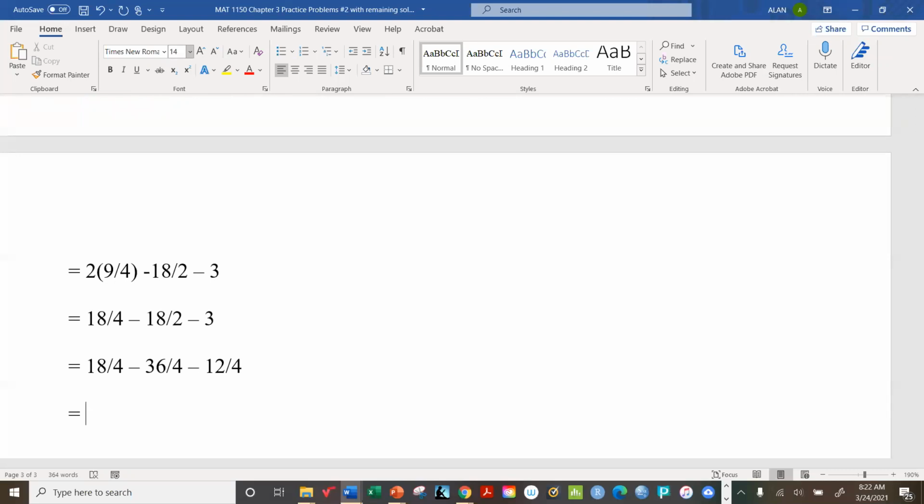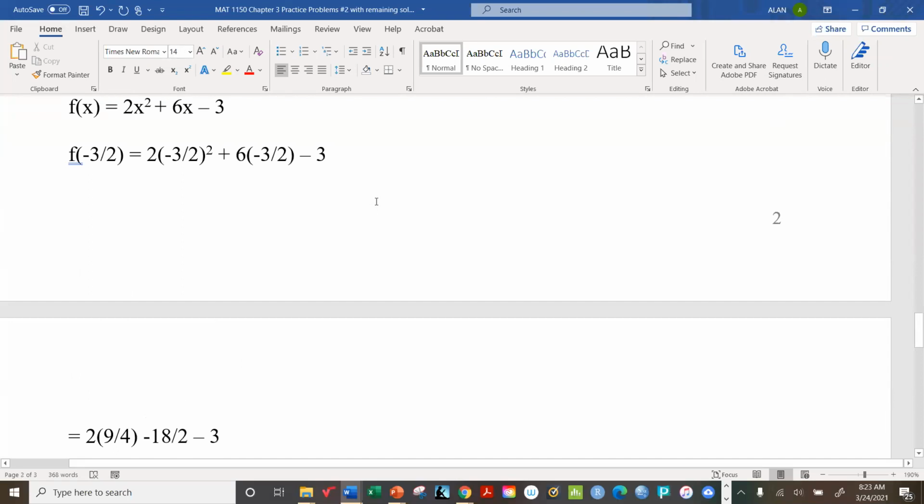And so what is that going to give us? 18 minus 36 minus 12 is, wait a minute, 18 minus 36 minus 12 is minus 30/4, or we might as well reduce it to negative 15 halves.